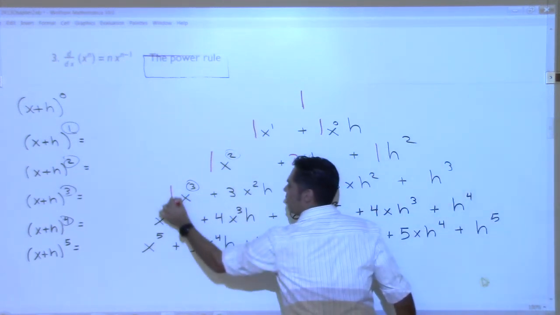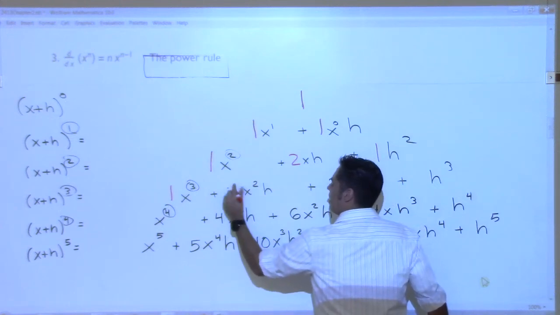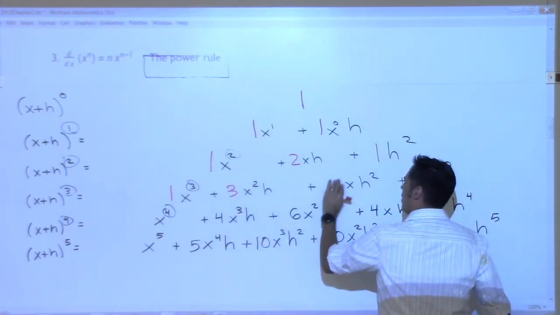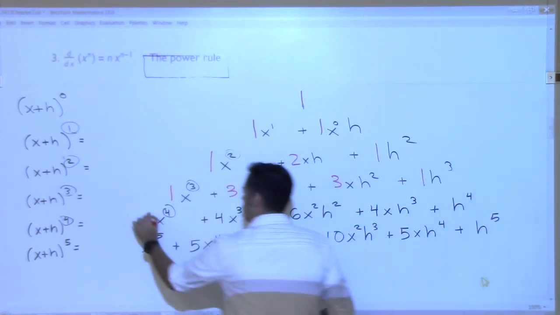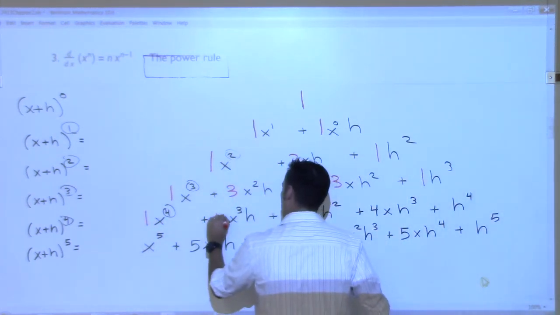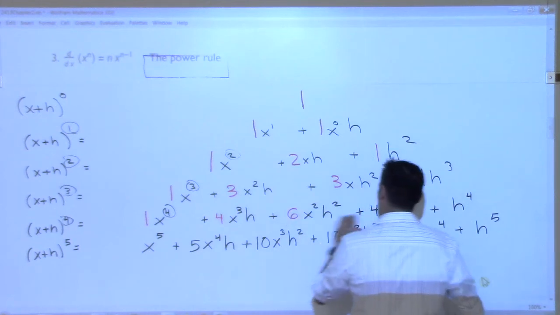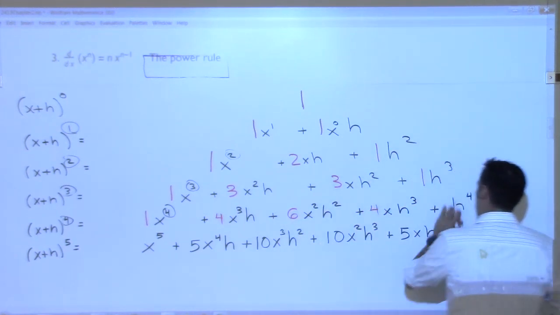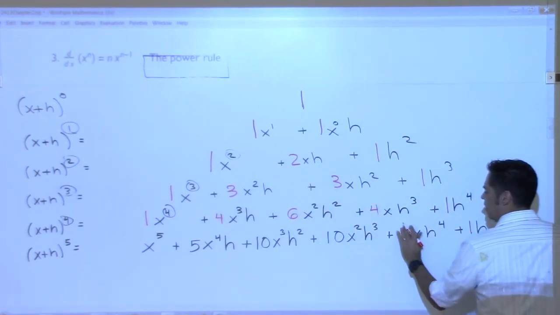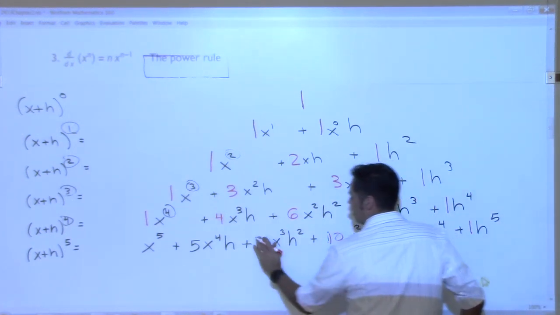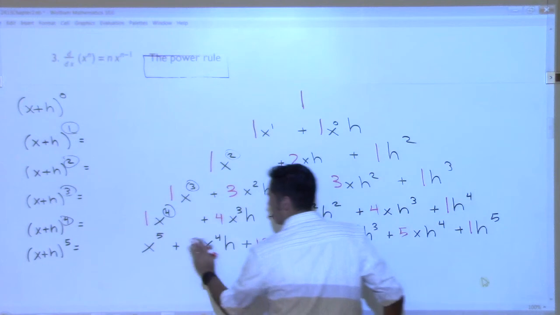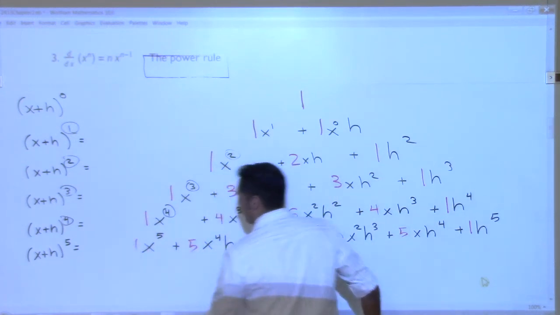And the next is 1, then 3, then 3 again, and then 1. And then we have 1, 4, 6, 4, 1, 1, 5, 10, 10, 5, and 1, right? You'll see that?